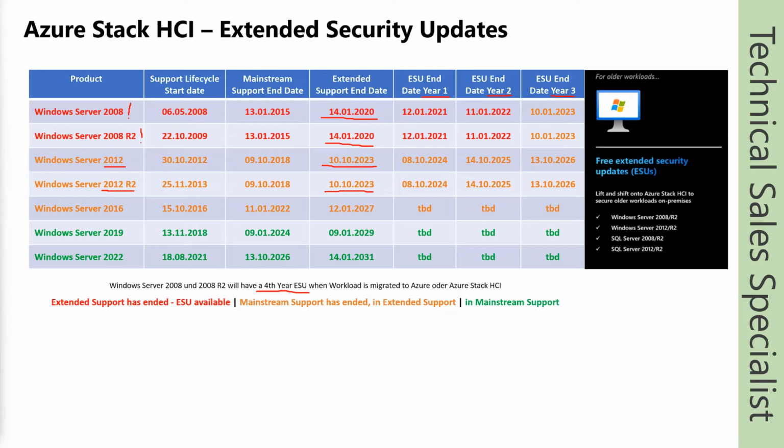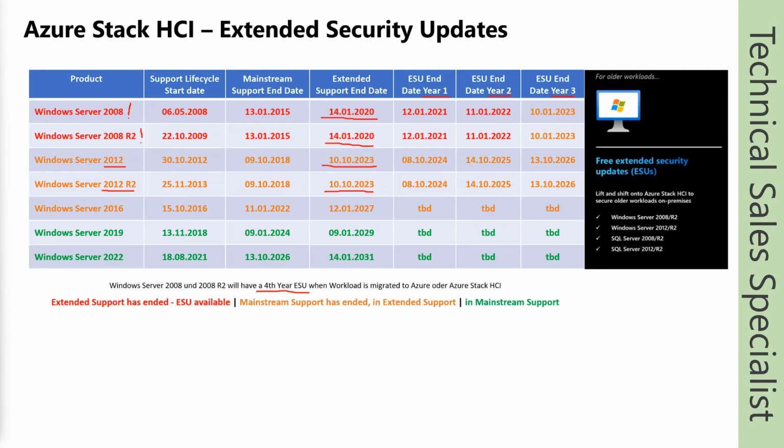You have to ensure that your Windows Server workload is licensed correctly. And to receive extended security updates, you have to use the Windows Server subscription model, or you can choose to bring your own license, but then you need software assurance included for your Windows Server license to ensure that you have this full functionality there.